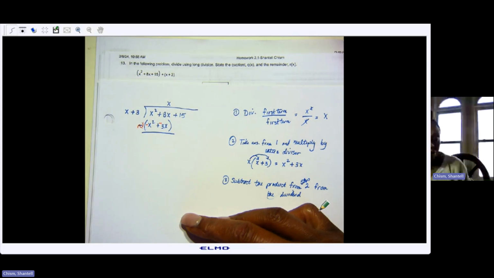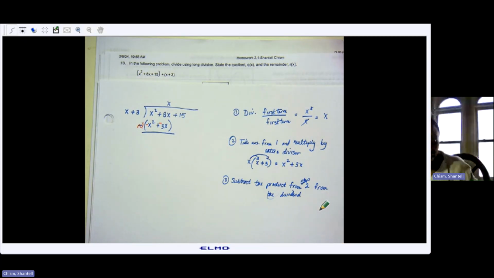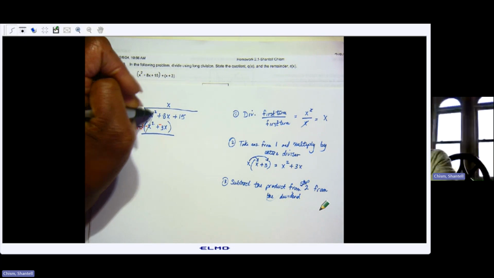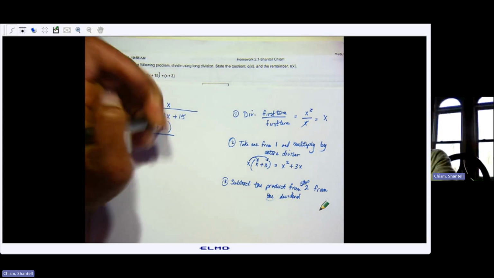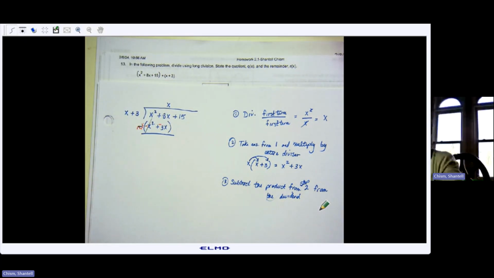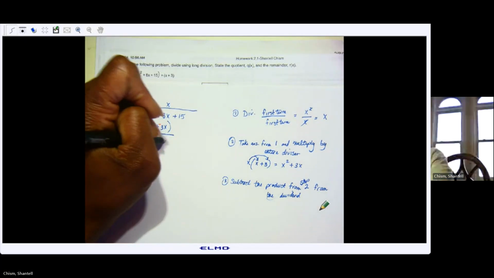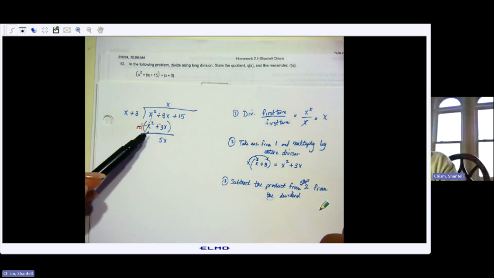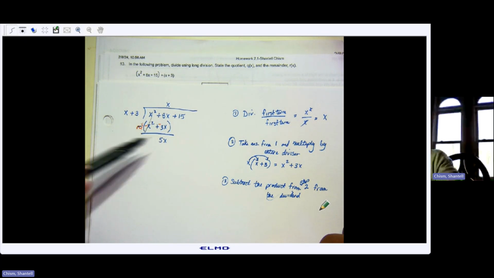So basically it's gone out front, and you almost just have to ignore the parentheses and just now subtract. So x squared minus x squared cancels. 8x minus 3x, that is 5x. Okay? So that was your end goal right there, was to get the x squared to go away. Then when you subtract it here, 8x minus 3x, that left you with 5x.